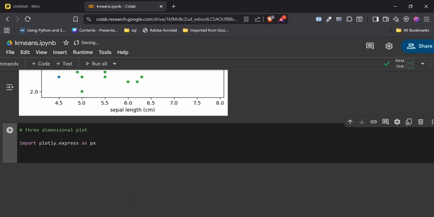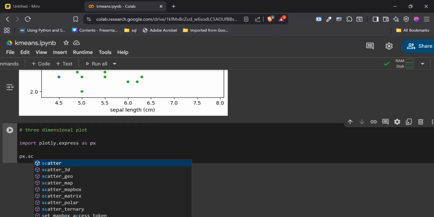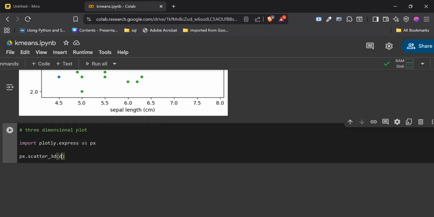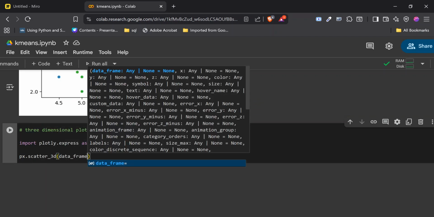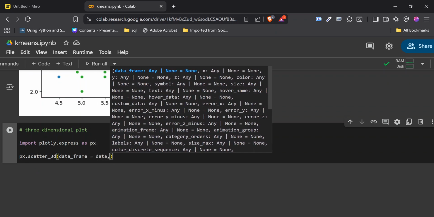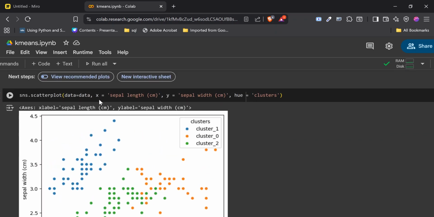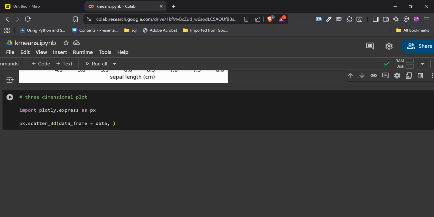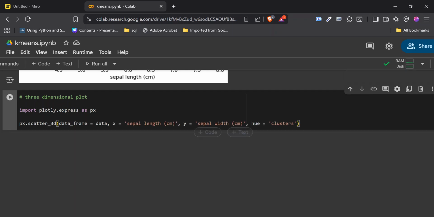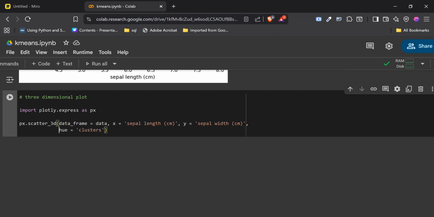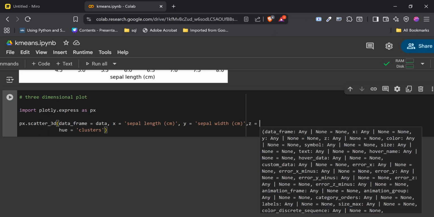So we're going to say px.scatter_3d. Then we say data_frame equals data. Then I can just copy this line here, paste it here. However, I need to pass z.